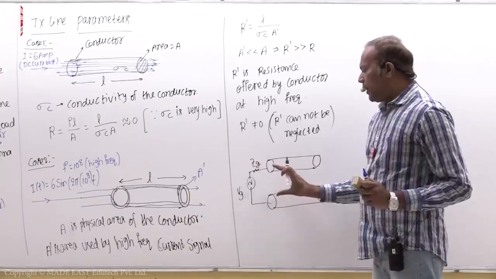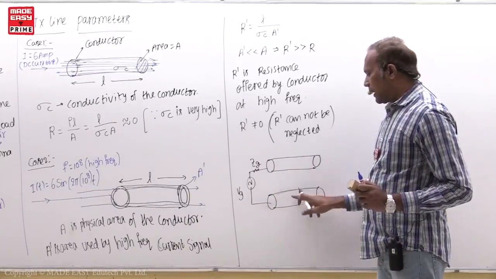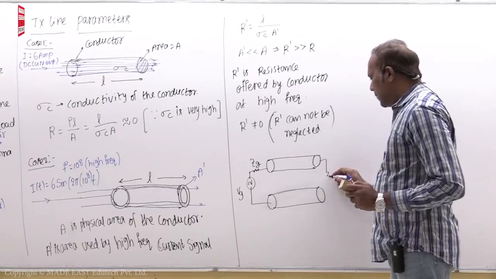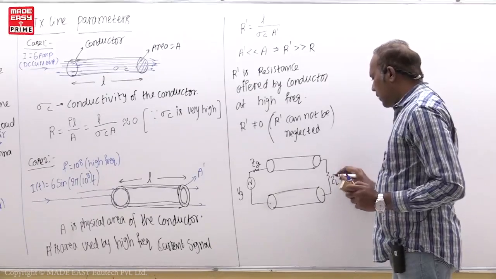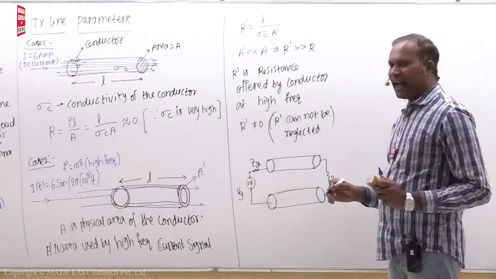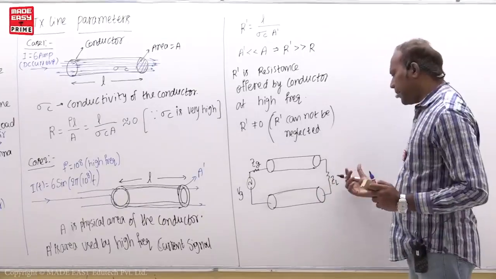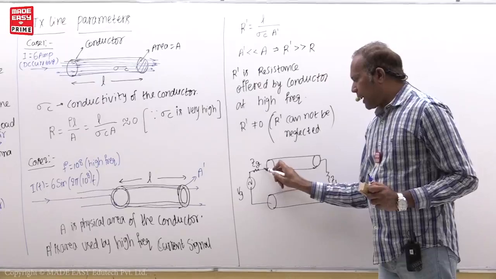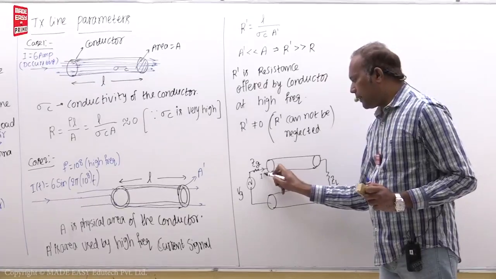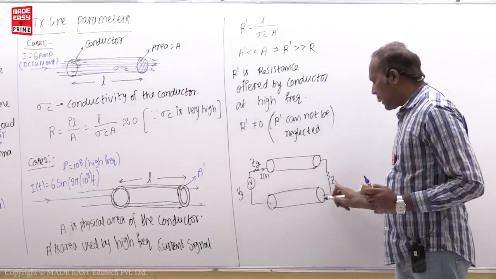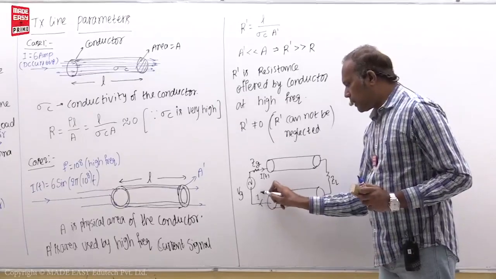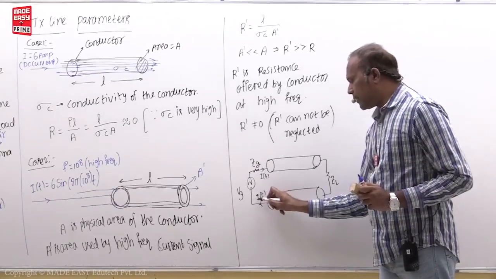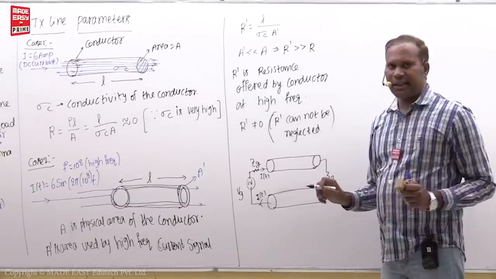Now this high frequency signal is given to the two conductors here. Then this is the load impedance. This load impedance is nothing but the input impedance of the antenna. Now whenever high frequency current I of t goes through, it goes here and again comes back. So in both conductors that current travels, so both conductors offer resistance.